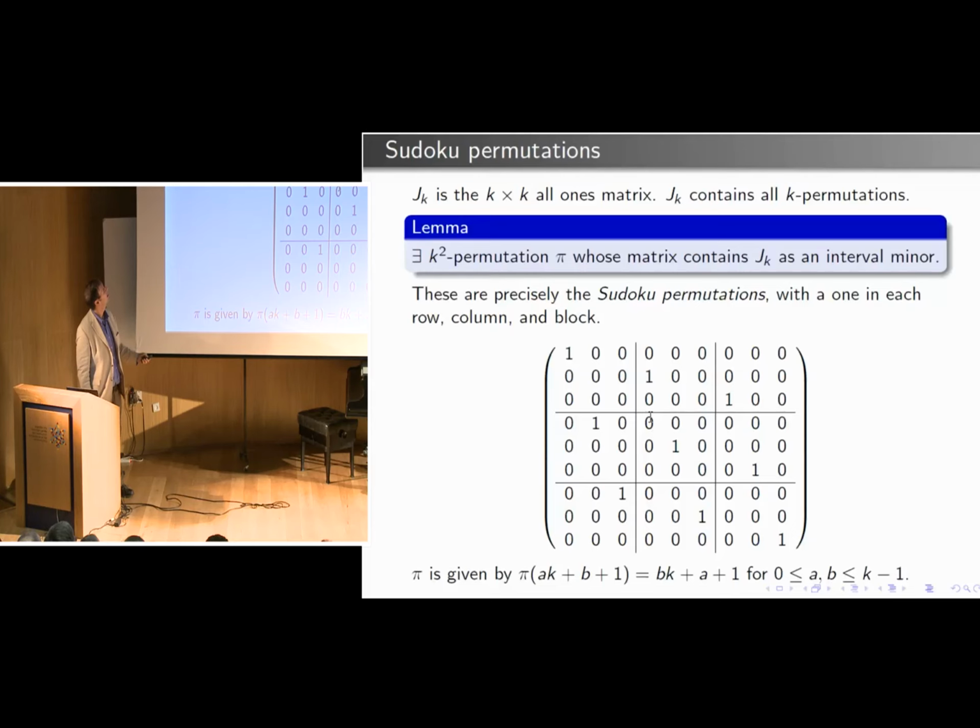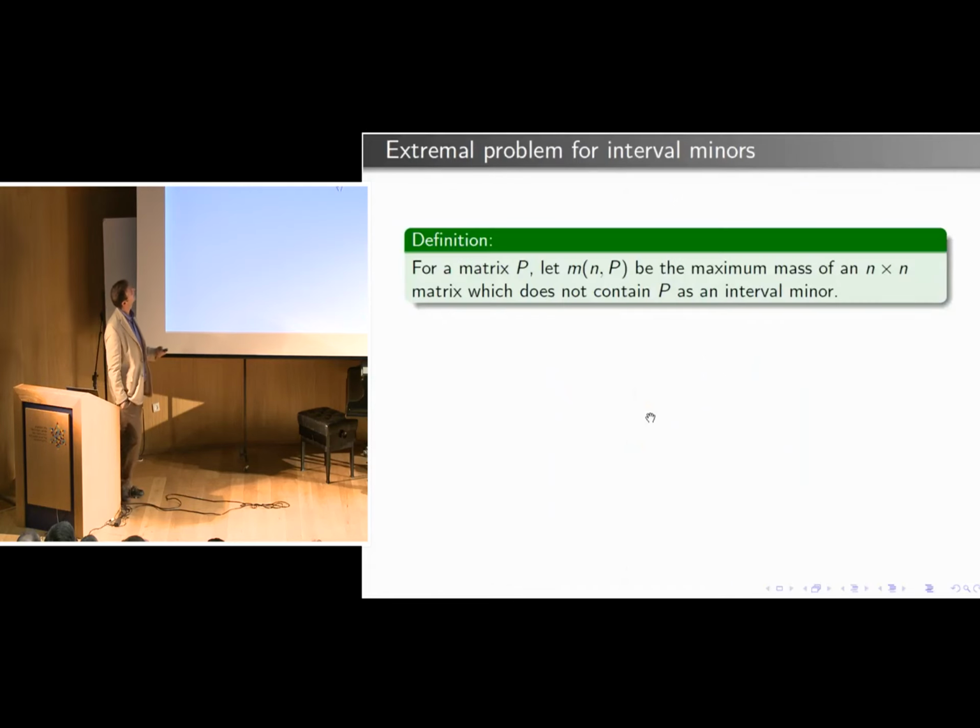Okay. So this will be a helpful lemma. We'll look at the extremal problem for interval minors. For a matrix P, let M_n of P be the maximum mass of an n by n matrix which does not contain P as an interval minor. So this is equivalent to this extremal number when P is a permutation matrix.